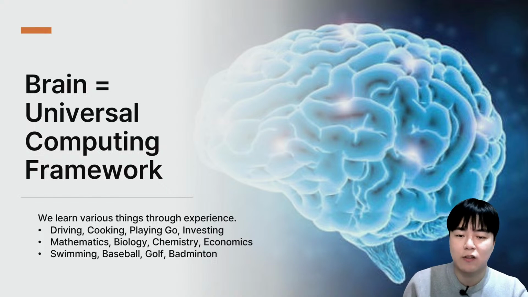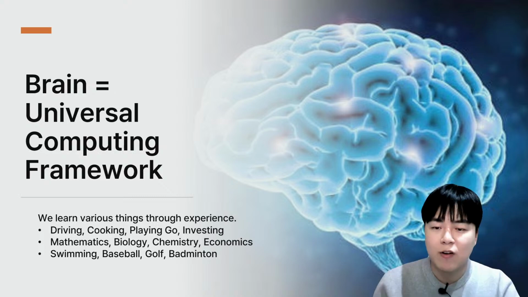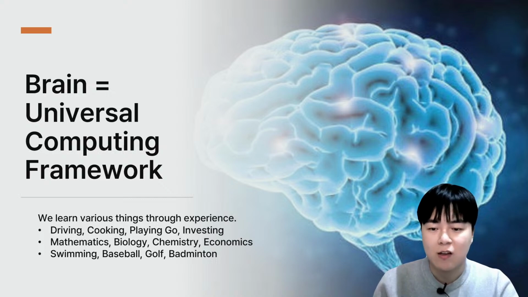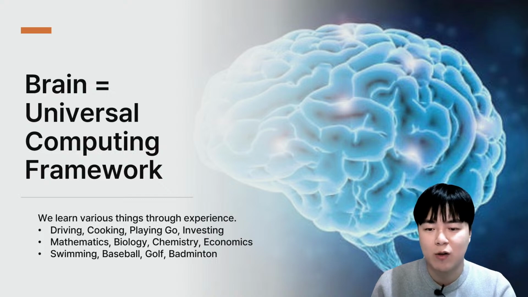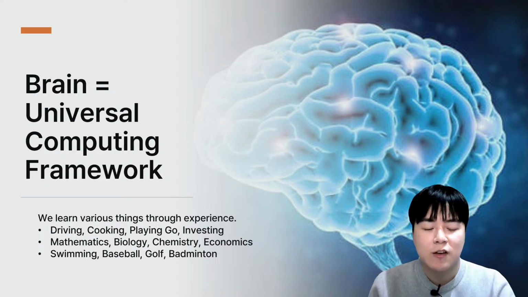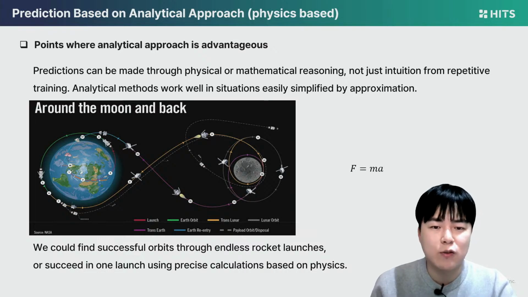As I mentioned earlier, the brain forms complex neural networks with countless neurons, providing various abilities. And this works when we learn to drive, cook, study various academic fields, or develop athletic abilities. The brain has a very versatile system, and in this sense, our brain can be called a universal computing framework. In some situations, physical laws can be very useful, while we can develop intuition through repetitive training when learning.